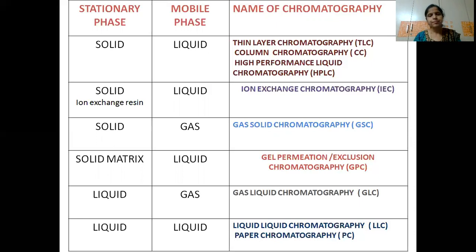Paper is made of cellulose and has small pores, and in these pores we have small water molecules embedded. That is why liquid is acting as the stationary phase, and the mobile phase is again a liquid. So this is the general classification of chromatography.